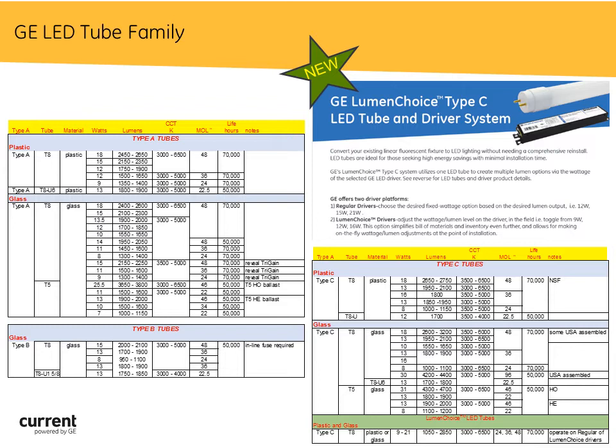Also note that on the Type B, those are only available in glass. And likewise, their CCT range from about 3,000 to 5,000 Kelvin. They are available in 2 foot, 3 foot, 4 foot. And also note that all the Type Bs do require that inline fuse. On the right-hand side of the screen, I've got something brand new to tell you about, and that's our GE Lumen Choice Type C family.